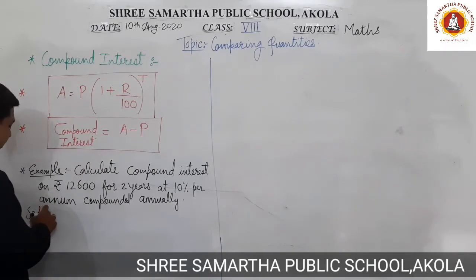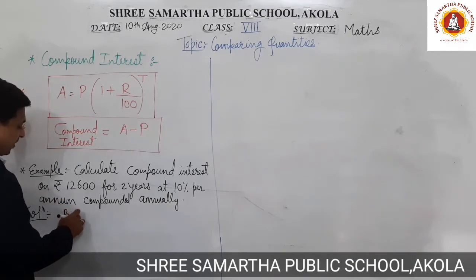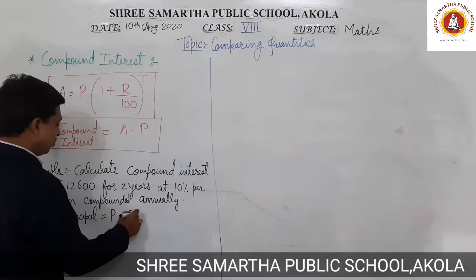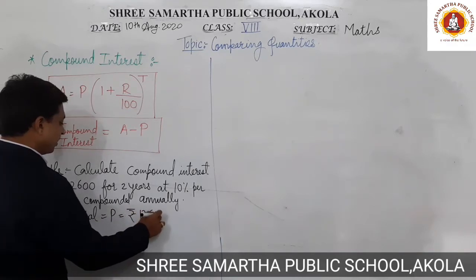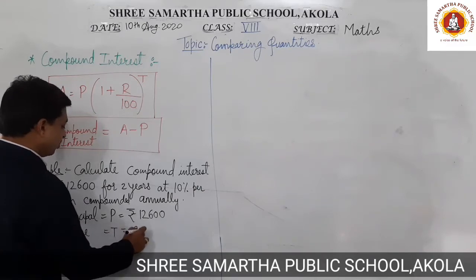Consider the solution here. Now what is given? First of all, principal P is equal to rupees 12,600. Time given T is equal to 2 years.